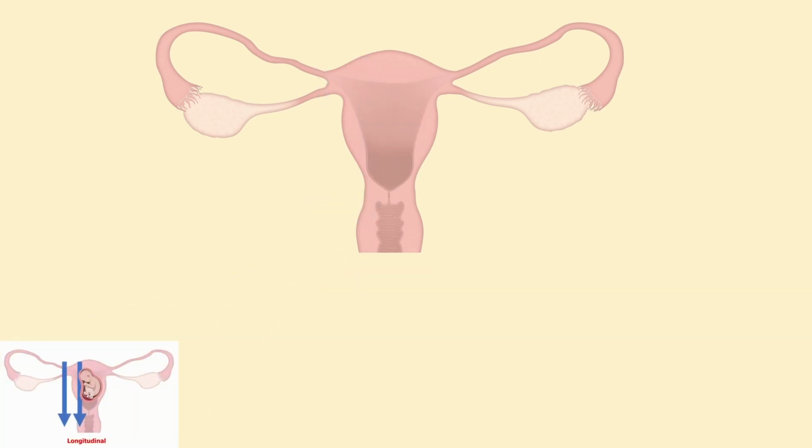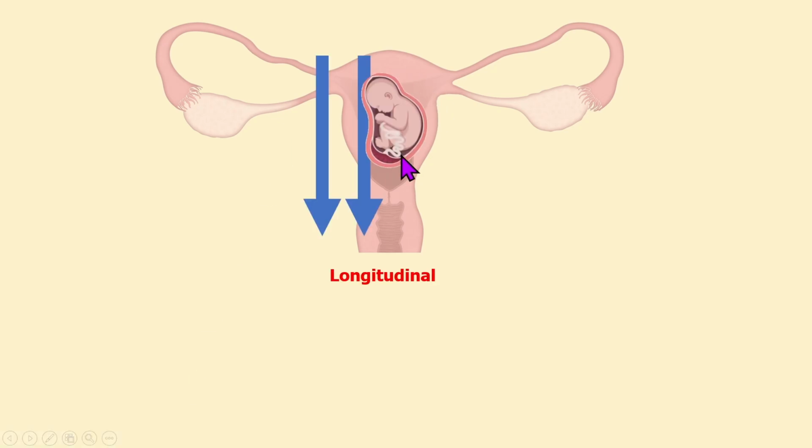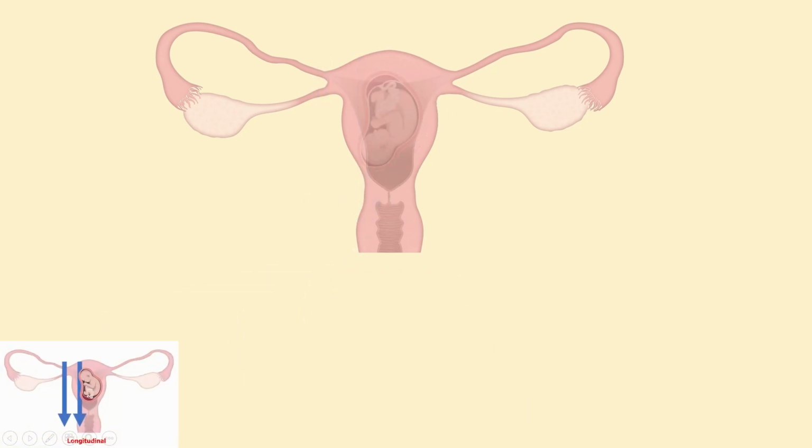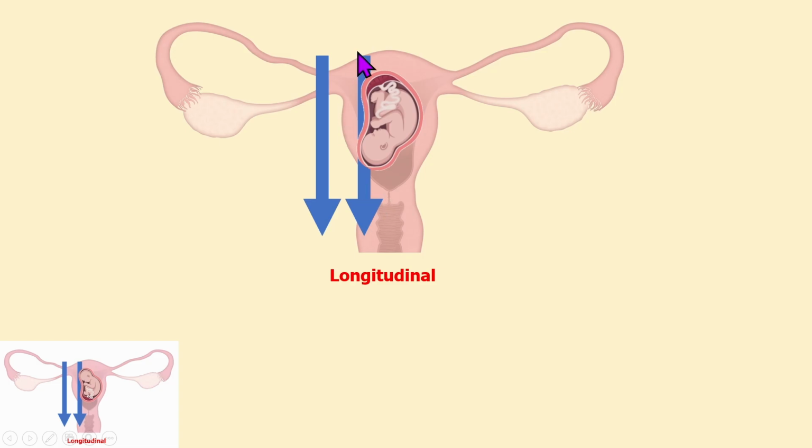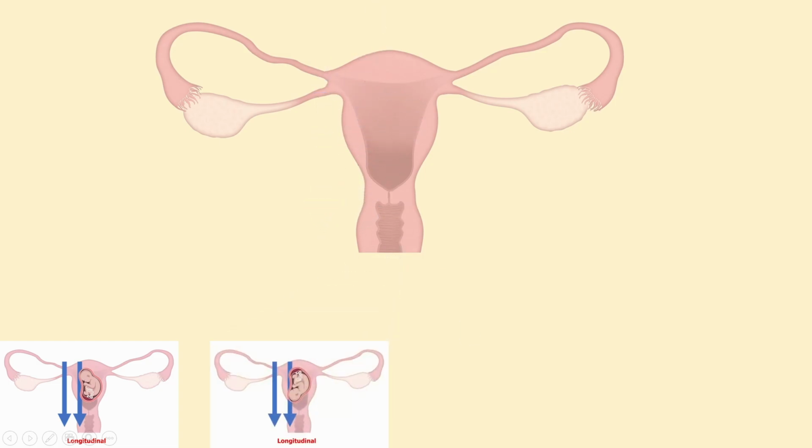Okay, and this was the breech presentation. If you look at the cephalic presentation, here again the lie is longitudinal because the long axis is the same. If you look at this case, this is the long axis of the uterus, while the axis of the fetus is like this, 90 degrees.